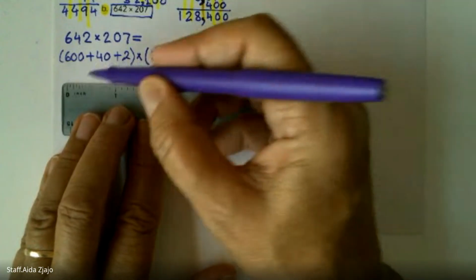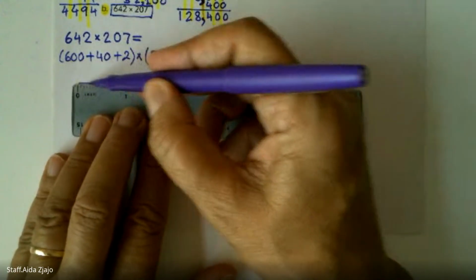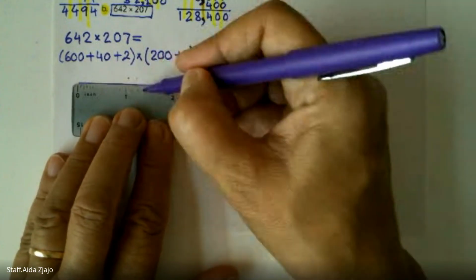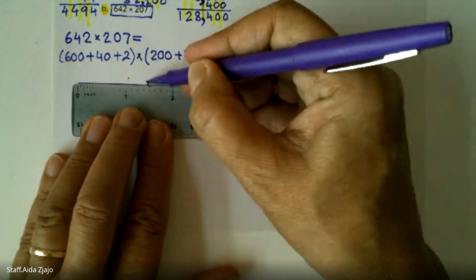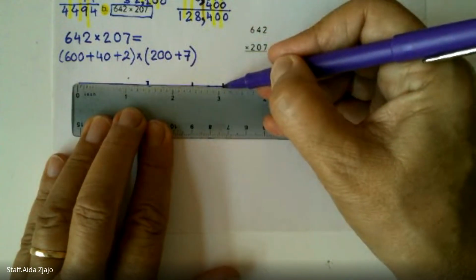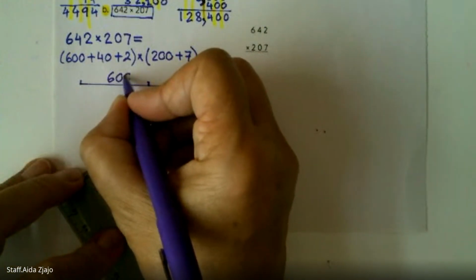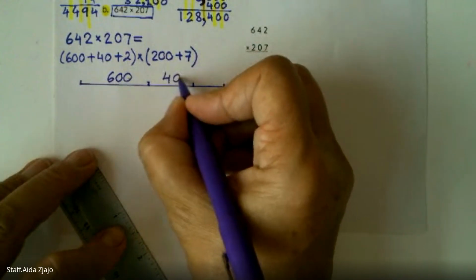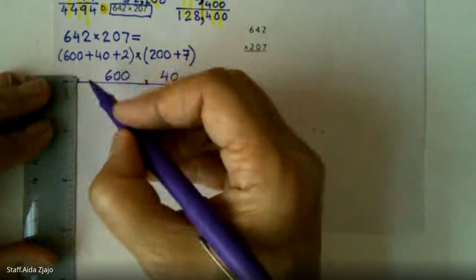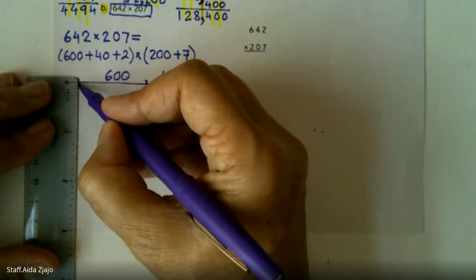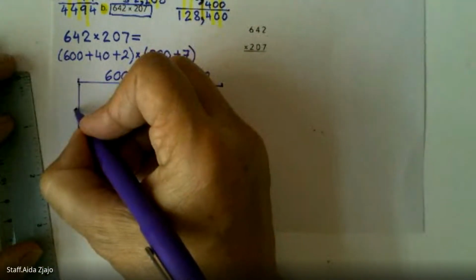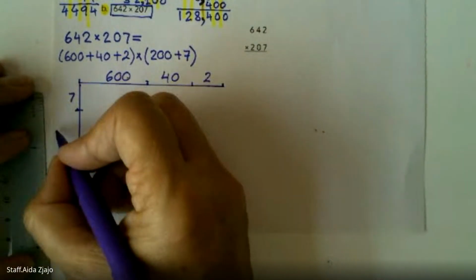So let's see, I'm going to make a little bit more room. So this is 1 part, 2, 3. Here 642, and then here I'm going to use 7 and 200.